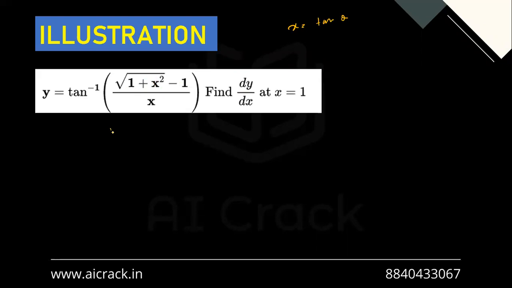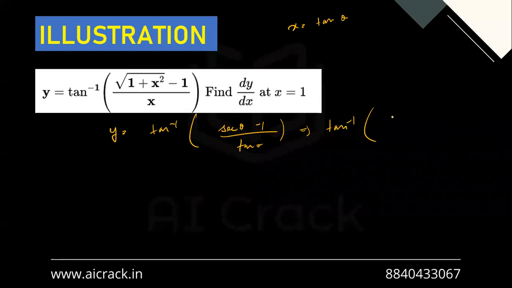So that would reduce this expression into y equals tan inverse of sec theta minus 1 divided by tan theta. I'll write it in terms of sine and cos. That would give me tan inverse of 1 minus cos theta divided by sine theta.